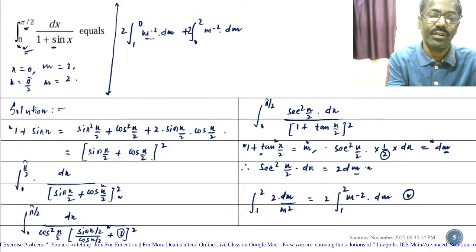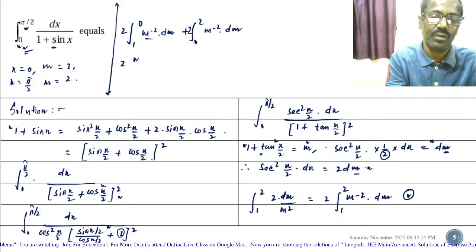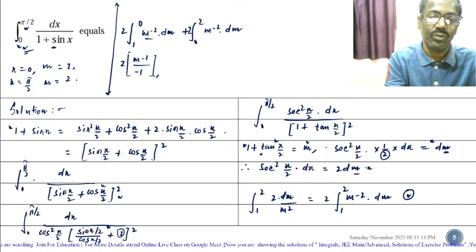So the integral of this will be 2 and m to the power minus 2 plus 1, that means m to the power minus 1, divided by minus 1, from 1 to 0.